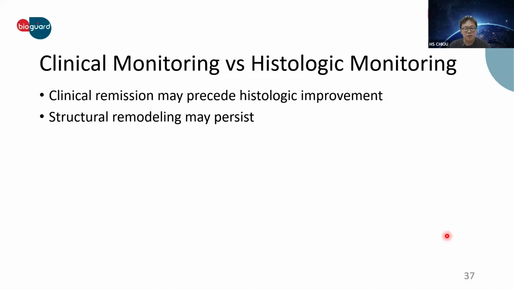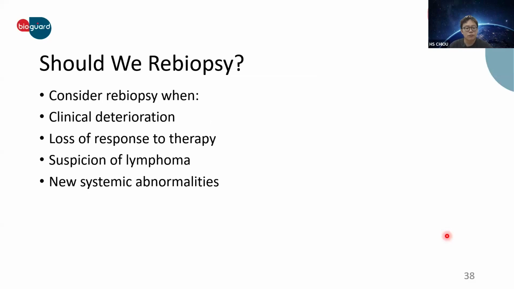That's why repeat biopsy is not routinely necessary in clinically stable patients. Histopath is most useful for initial diagnosis or for reassessment when the disease behavior changes, not as a routine monitoring tool in every improving case.